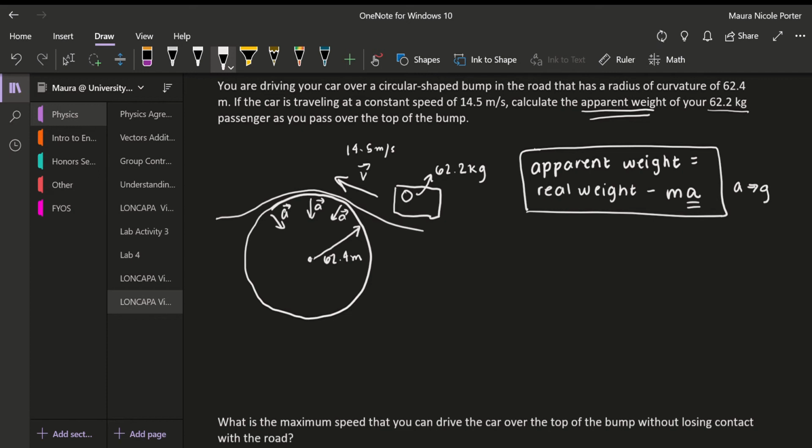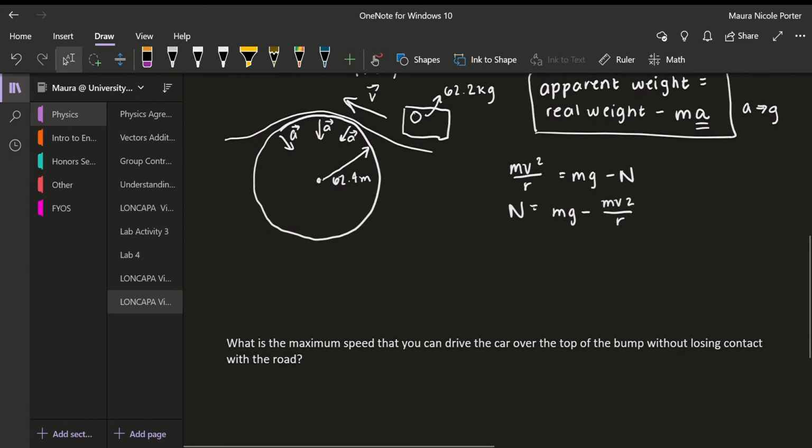So this gives us the equation mv squared over r is equal to mg minus N. We can rearrange that to get N is equal to mg minus mv squared over r. And now it's just a matter of plugging in values.